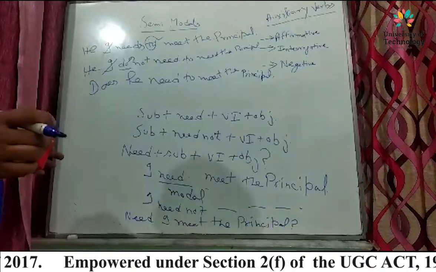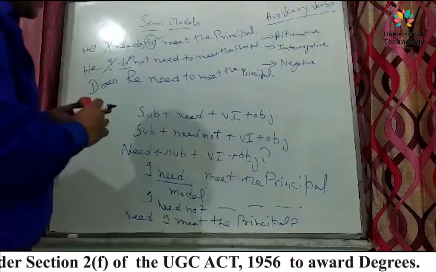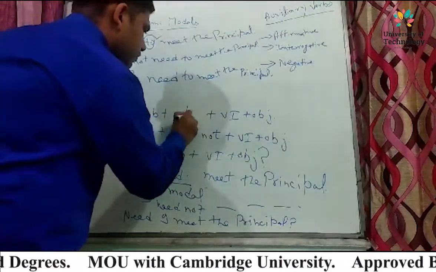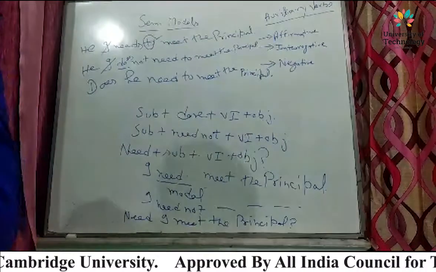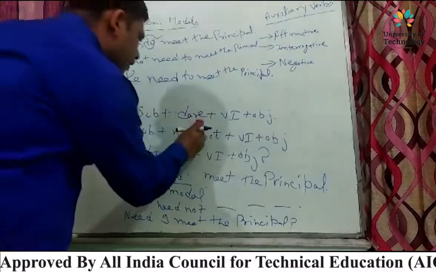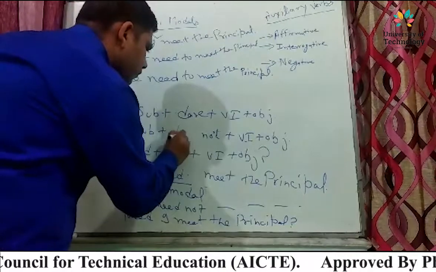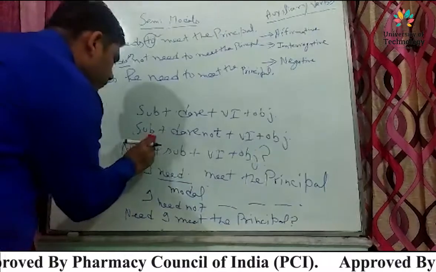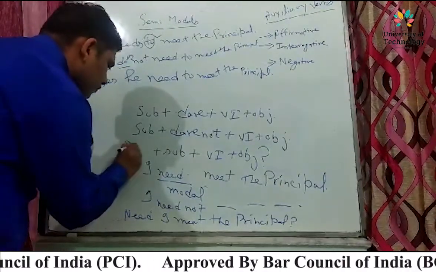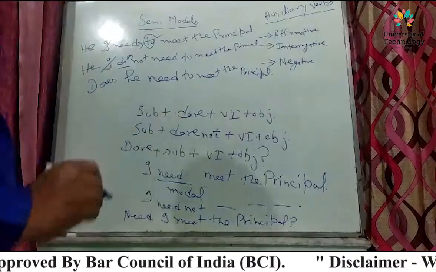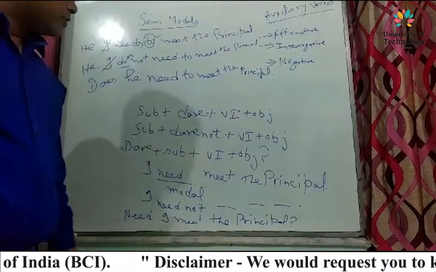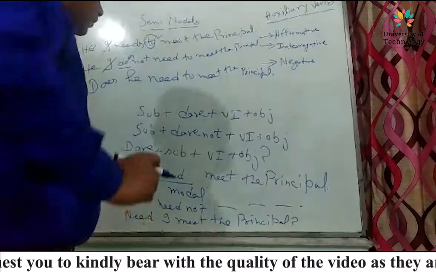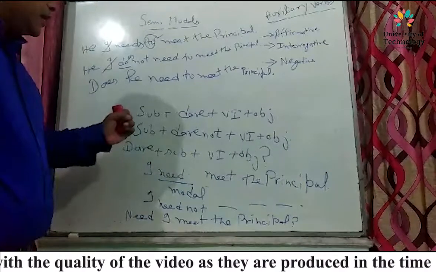Same thing happens to dare. If we talk about the syntax of dare, subject plus dare plus verb first form plus object, subject plus dare not plus verb first form plus object, dare plus subject plus verb first form plus object. हिम्मत करना, हिम्मत रखना, हिम्मत दिखाना, dare. मुझ में प्रिंसिपल से मिलने की हिम्मत है.